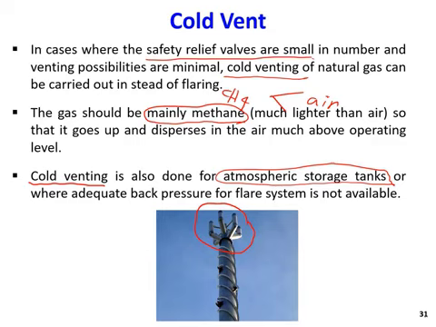In this case, we don't have enough back pressure to the flare system. So we don't have enough pressure for the flaring system to burn it or mix it with oxygen or air, any other combustible agent. We can use some purge gas, but still the amount of the gas won't be that much to burn it. So we can have cold venting.